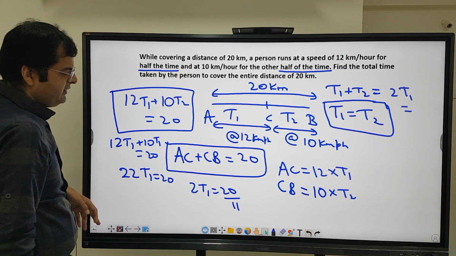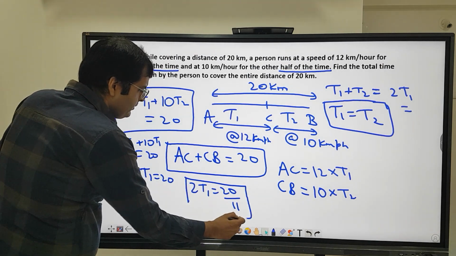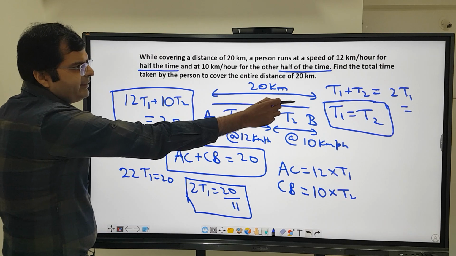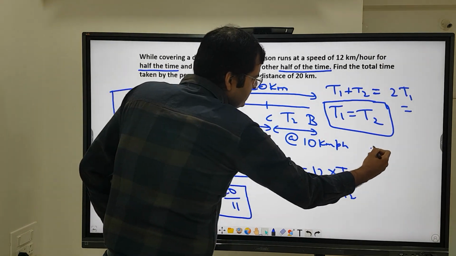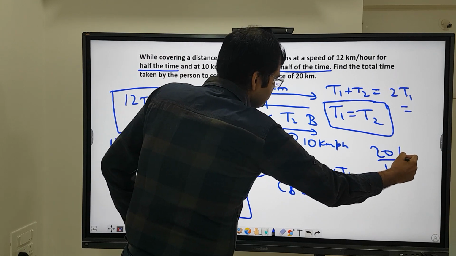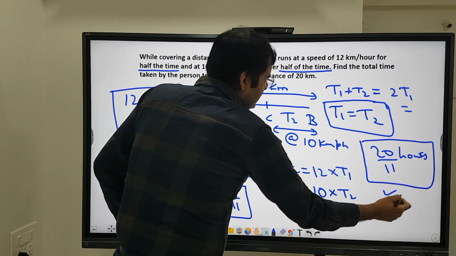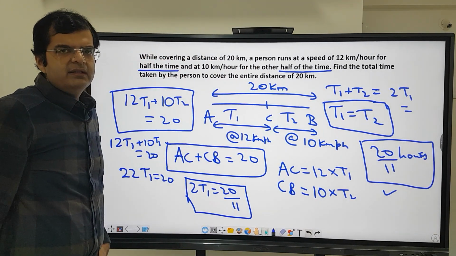If you take 11 to the other side, you will get 2 T1 is equal to 20 by 11, which is what we have to find. So the answer is 20 upon 11 hours, and that's the right answer here. That's how you solve the question.